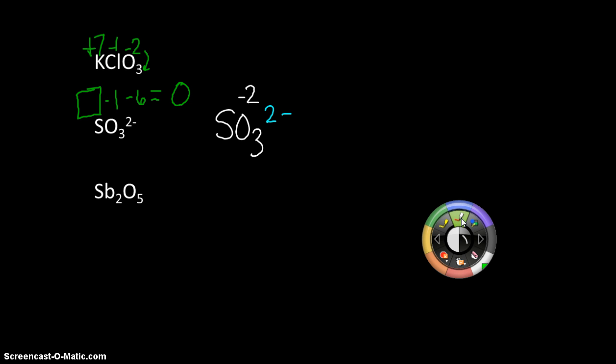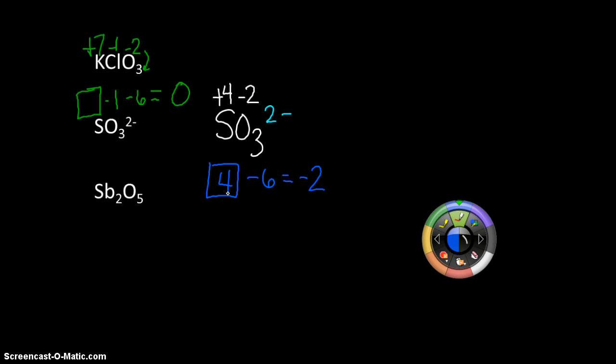So negative 2 times 3 is negative 6. We are going to assign sulfur a plus 4. So that 4 minus 6 is negative 2.